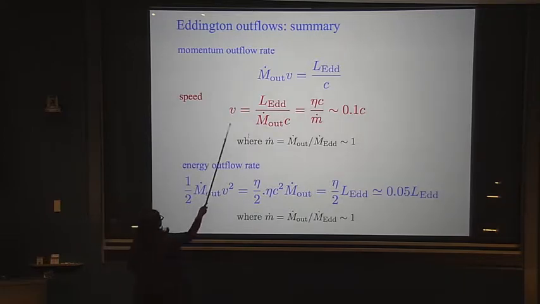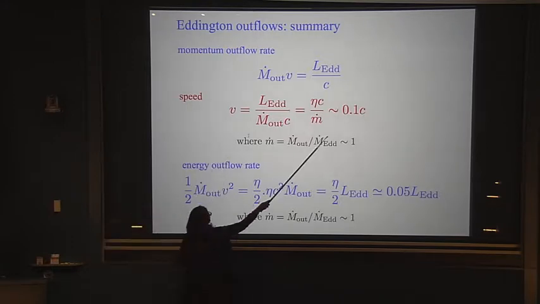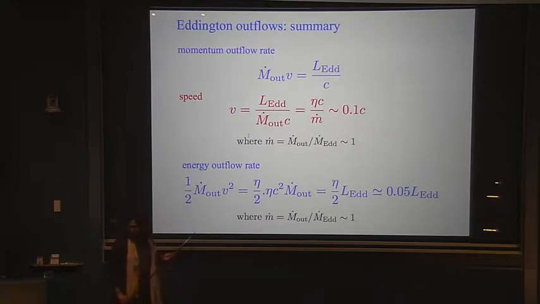Just simple energetics tells you that you could easily get outflows with velocities of about 0.1 c, which is kind of nice because, as I told you, that's what you are measuring way outside the inner regions for sources.